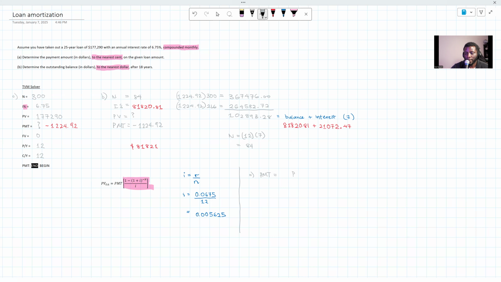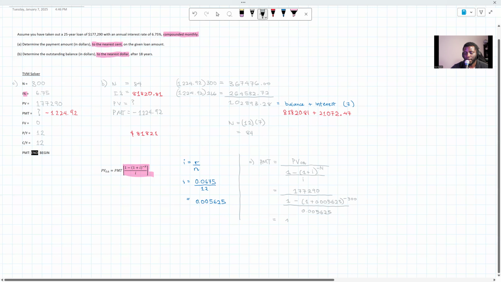So it would be the present value of the ordinary annuity divided by 1 minus 1 plus I to the power negative n, divided by I. So this would be 177,290 divided by 1 minus 1 plus 0.005625 to the power negative 300, divided by 0.005625.